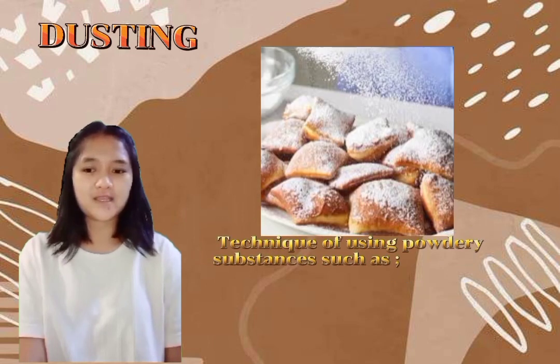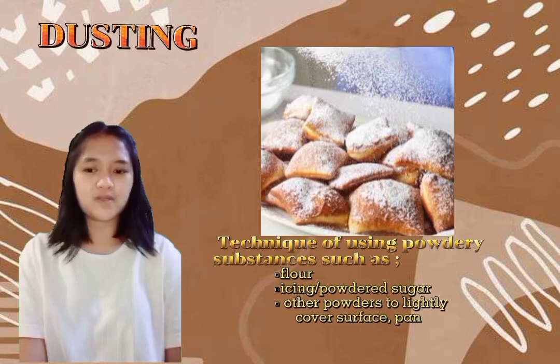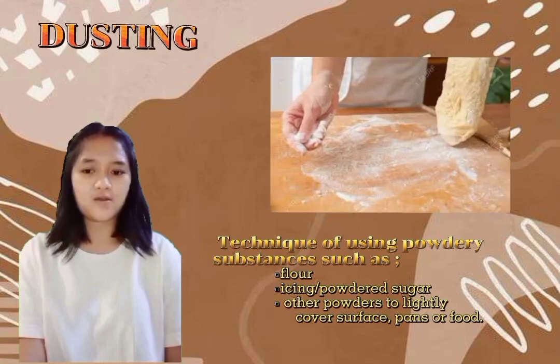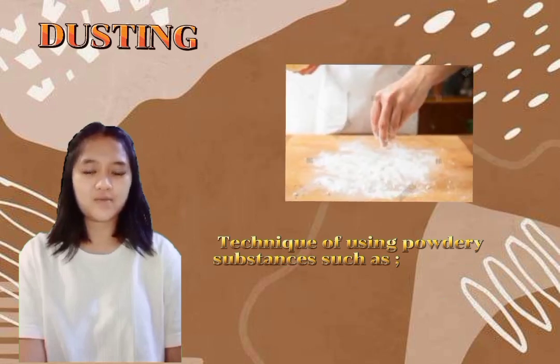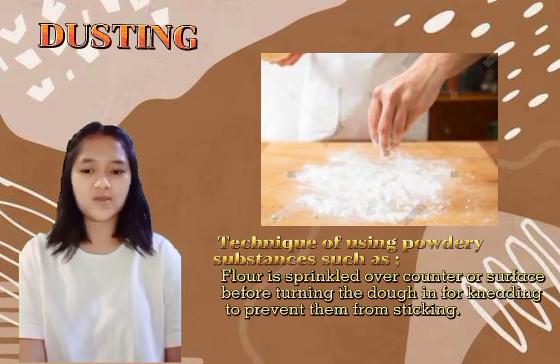Furthermore, dusting is a technique of using powdery substances such as flour, icing, or powdered sugar or other powders to lightly cover surfaces, pans, or food. Flour is sprinkled over a counter or surface before turning the dough out for kneading to prevent it from sticking.